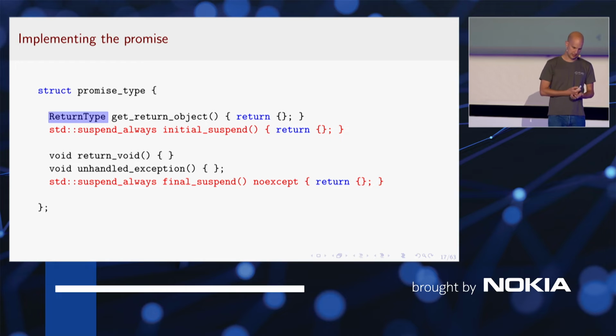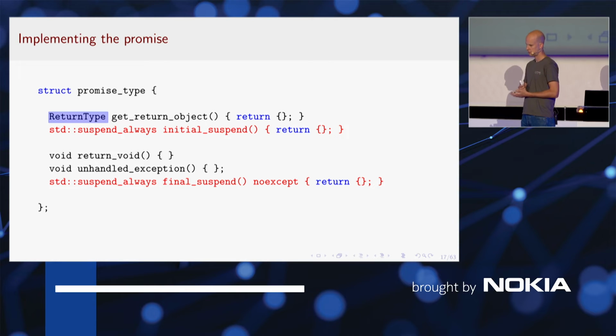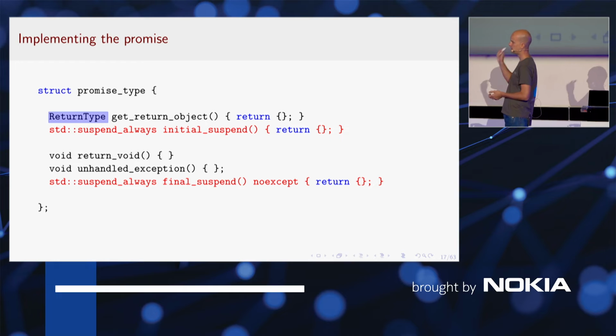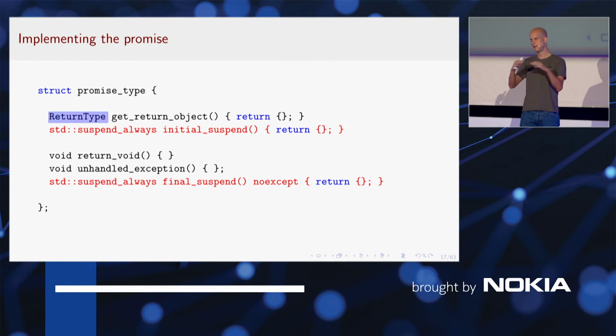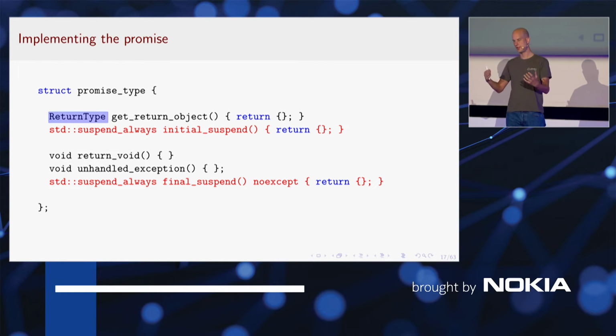Then there are these two guys, initial_suspend and final_suspend, and they're a bit strange. Those allow me to customize what happens at the initial suspend at the very beginning, before the body of the coroutine function starts executing, and the final suspend allows me to execute code right before the coroutine finishes execution.